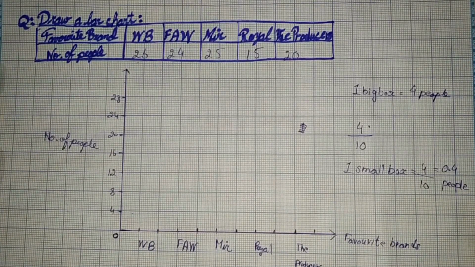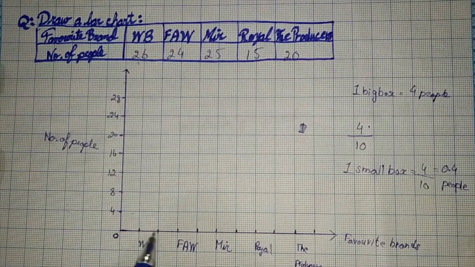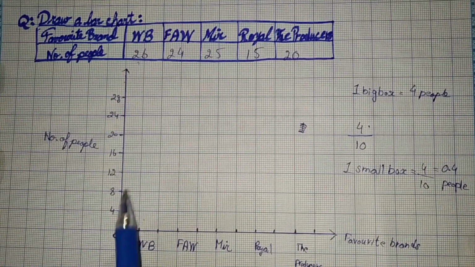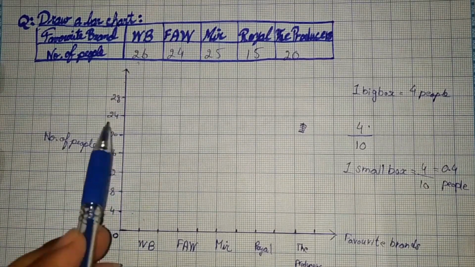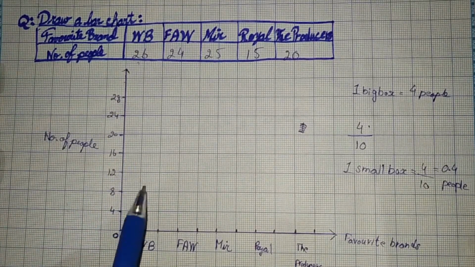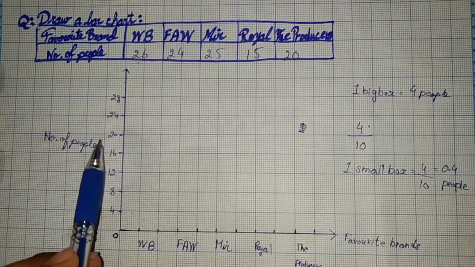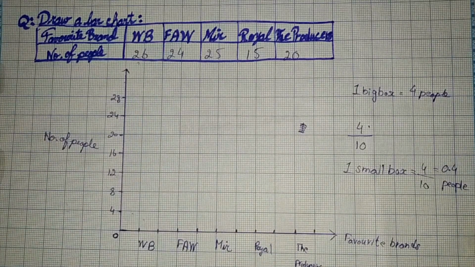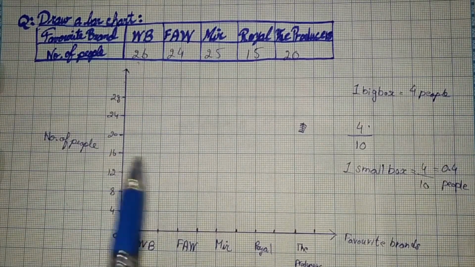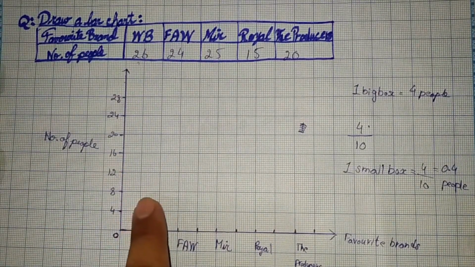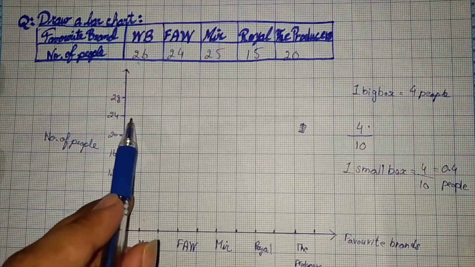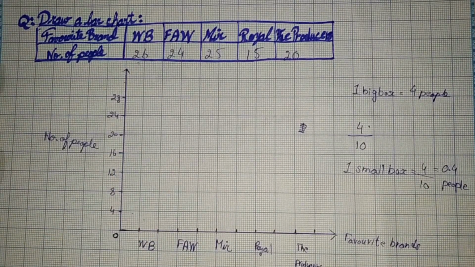So here I will draw the bar of WB company with respect to the number of people. I will adjust the height of this bar with respect to the number of people. We have 26 people who liked WB company. So we have to find 26.